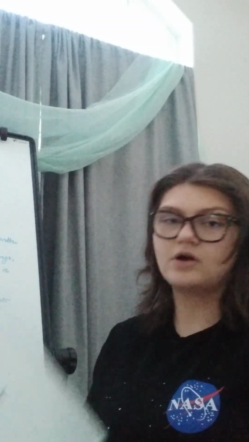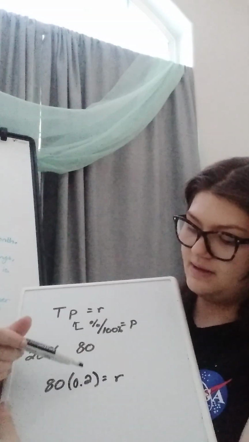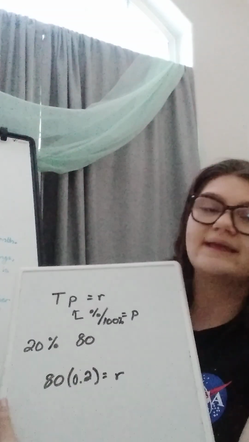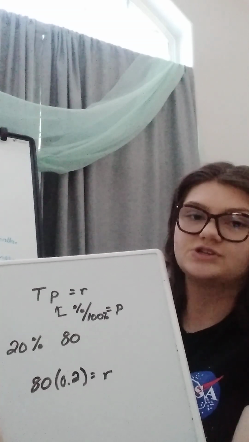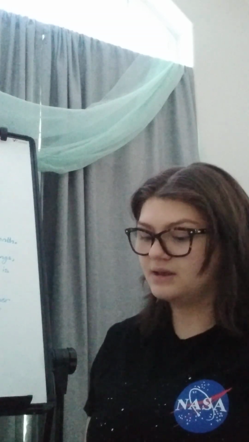And that will equal your r. Because remember, any decimal is related to a fraction. So if you wanted to, you could even multiply 80 by 20 over 100 or 2 over 10.